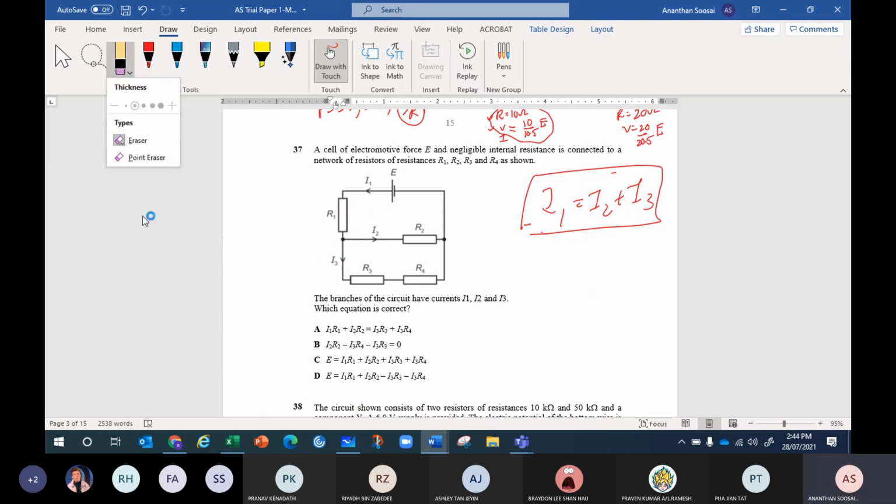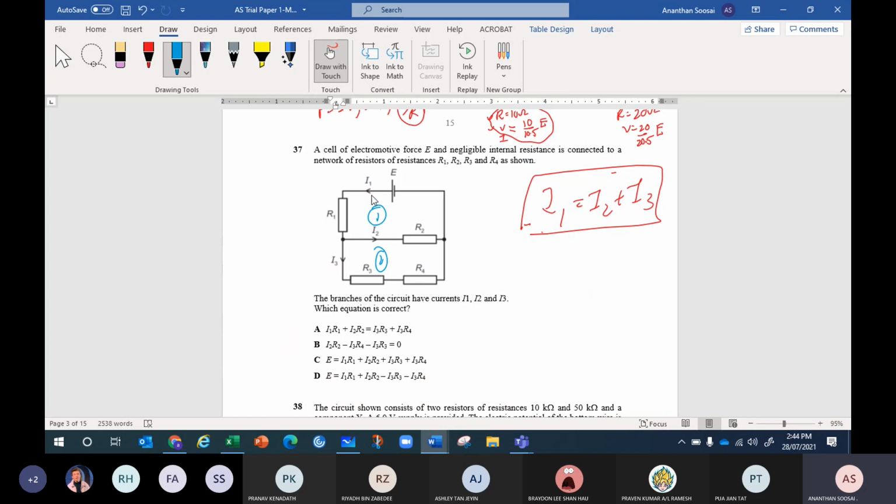Okay, before we go to the answer, let's derive Kirchhoff's second law. There are how many loops here? Three loops. This is the first loop, this is the second loop, and the third loop is the outer one. Let's make an equation for the first loop.